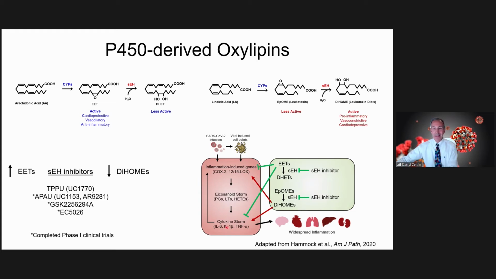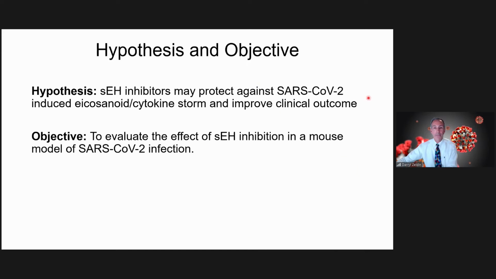Moreover, the cytokines can amplify the cascade by upregulating COX-2, which then leads to an uncontrolled pro-inflammatory cycle. So the concept here is that by increasing anti-inflammatory EETs and decreasing pro-inflammatory DiHOMEs, the SEH inhibitors would potentially attenuate the inflammatory response and stop this vicious cycle from occurring.